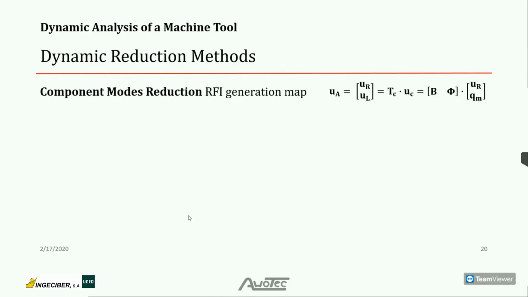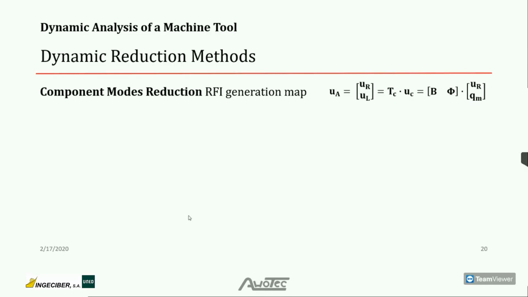And what is behind that reduction? That we want to reduce the amount of degrees of freedom, which allows a speed up in the analysis, but with as little loss of accuracy as possible.